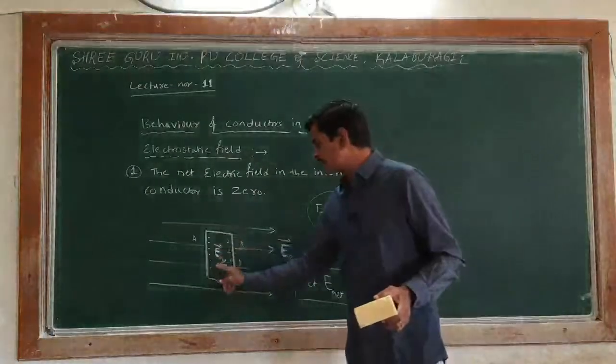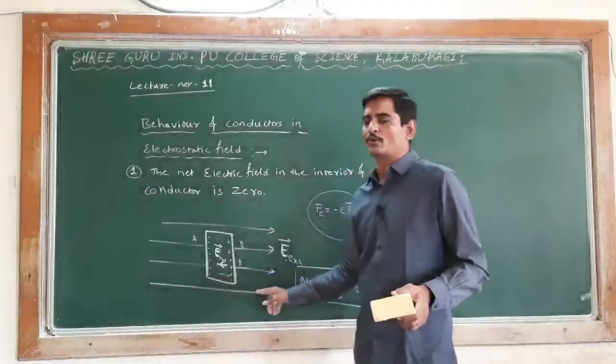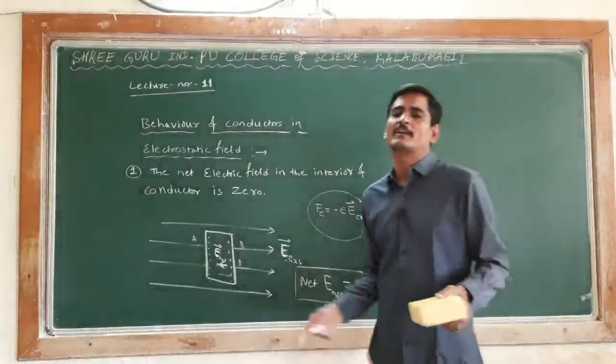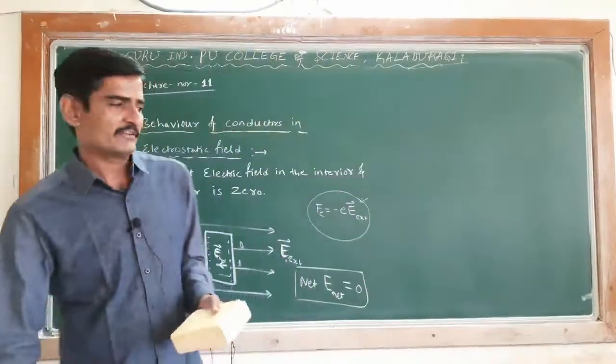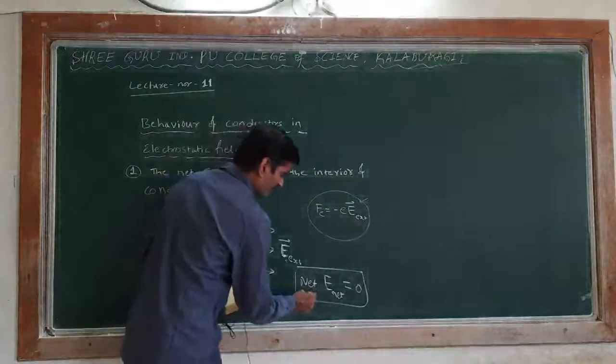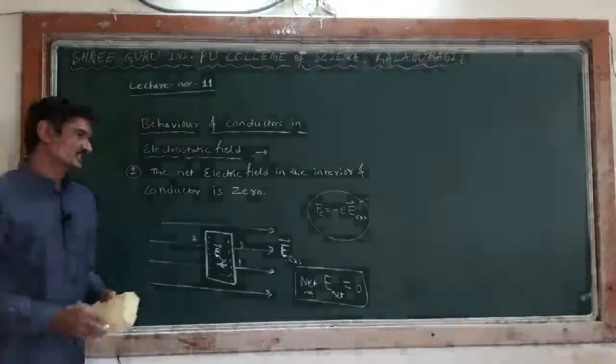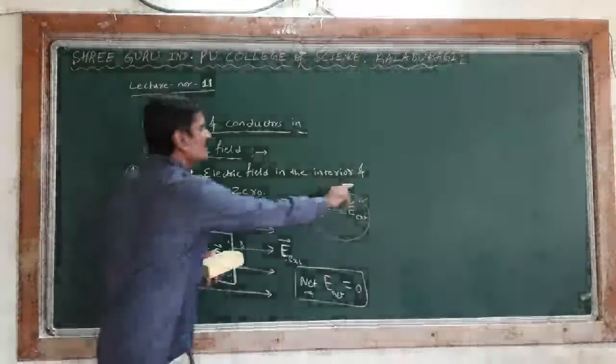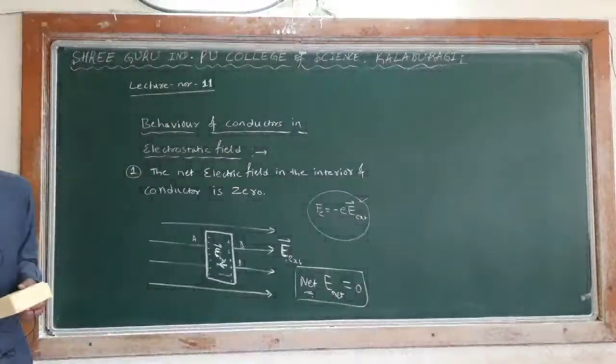Its magnitude is equal to the external electric field inside the conductor. Hence, the net electric field in the interior of the conductor is 0.